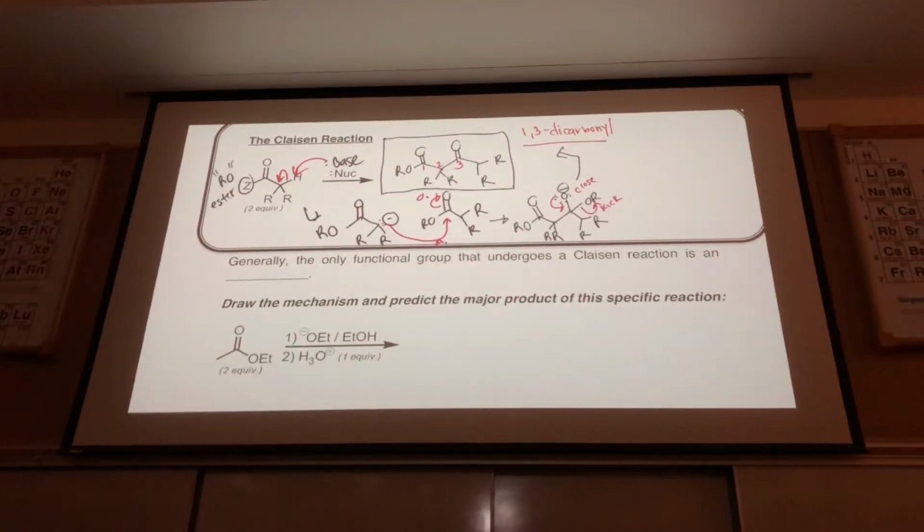Oftentimes, there's one that we see frequently, which is this scenario, which is also called a beta keto ester. How could we describe that? So to the ester, here's our alpha, beta, right? So with respect to the ester, at the beta position, there's a ketone. So it's a beta keto ester.